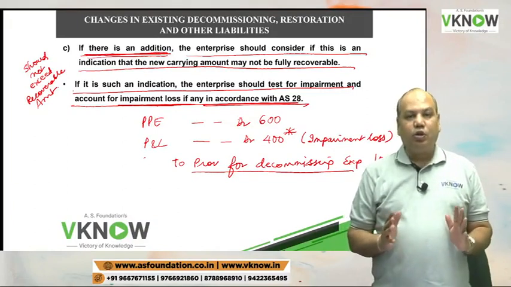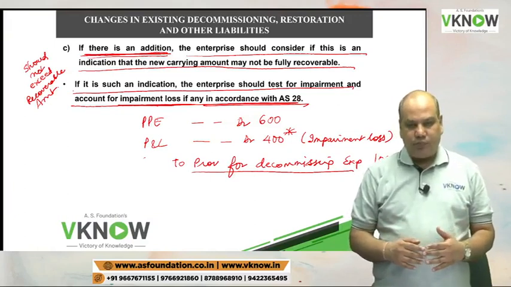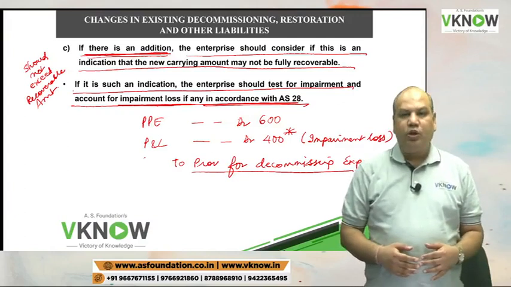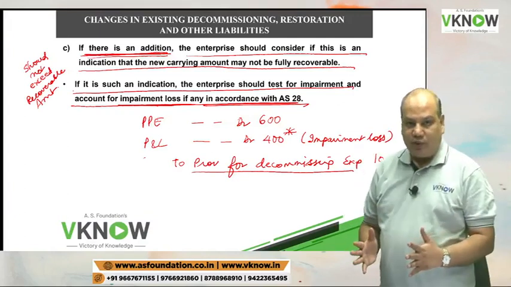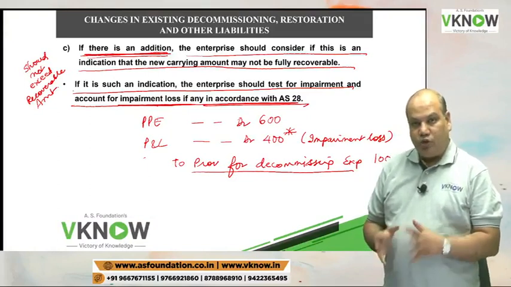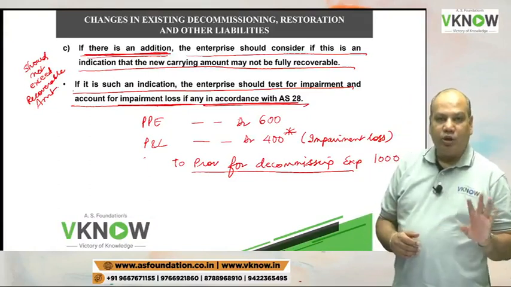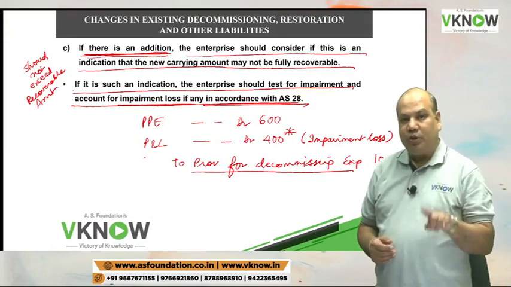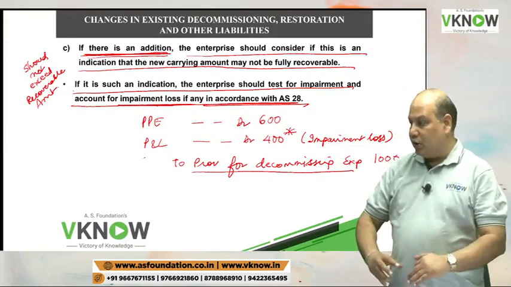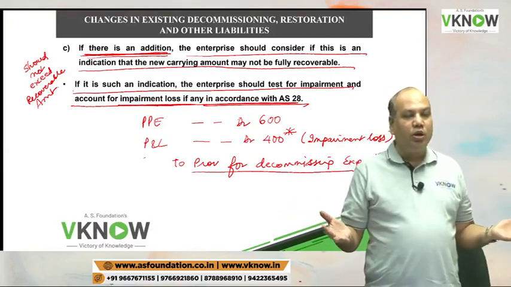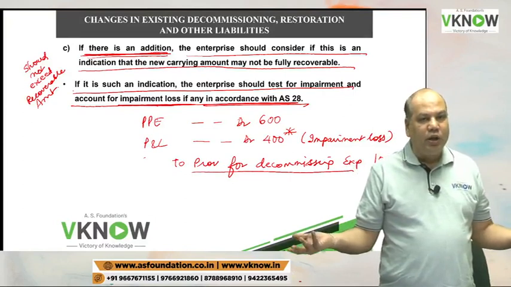Now, this is a little complex accounting of decommissioning liability, usually not asked in the intermediate exam. But what they don't ask is more important. What they ask is important, but what they don't ask, though it is a part of your syllabus, they can suddenly ask you, and then you will be caught unaware and won't be able to give the 10-mark answer.